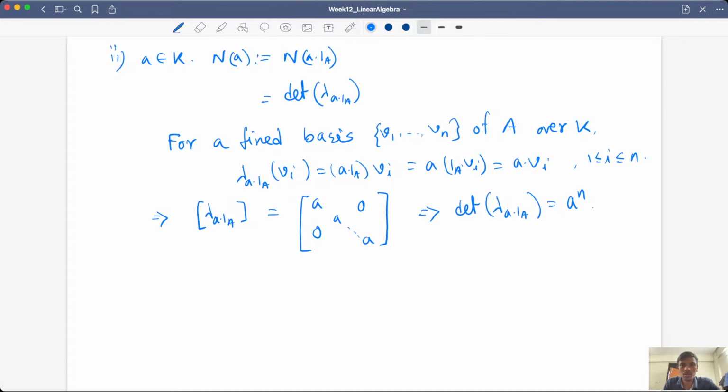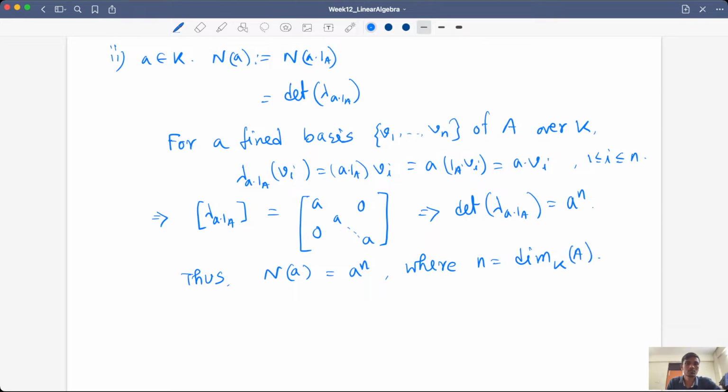So from this I get thus N of a is a^n, where n is the dimension of A over K.